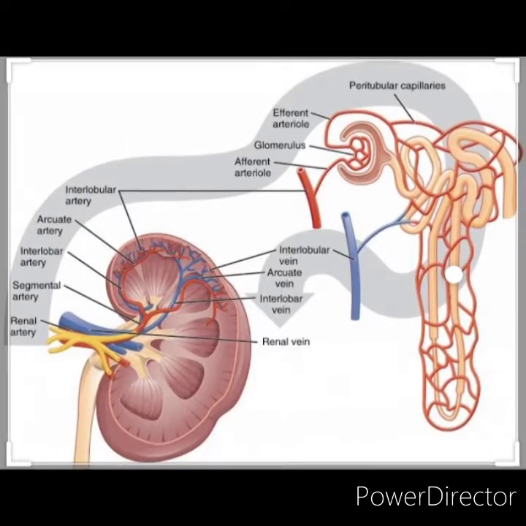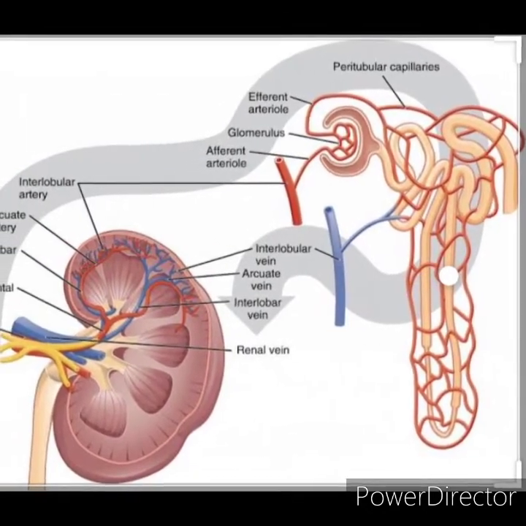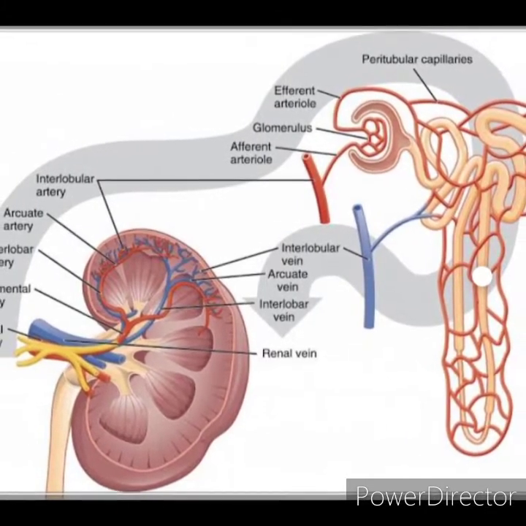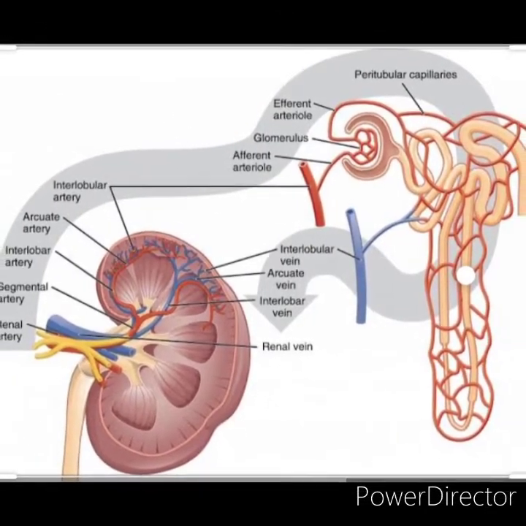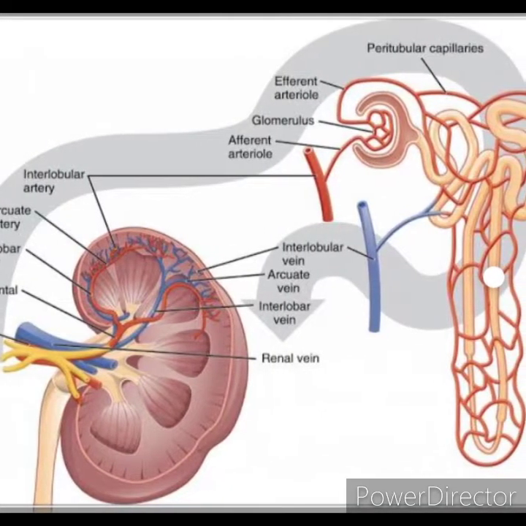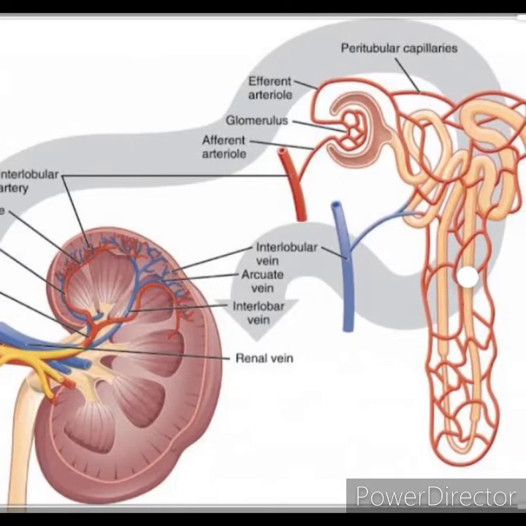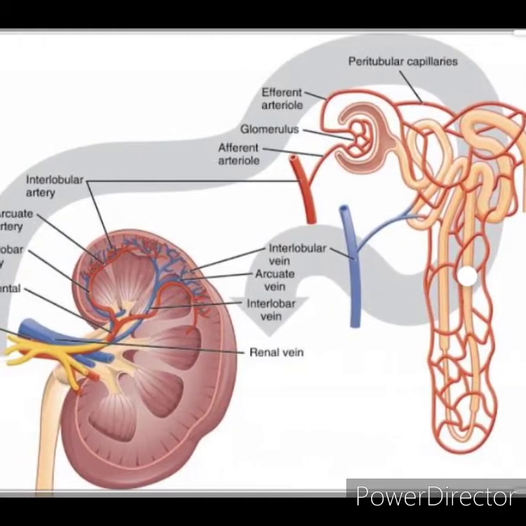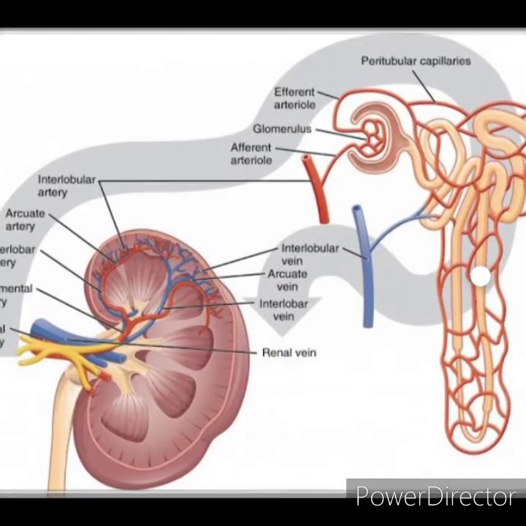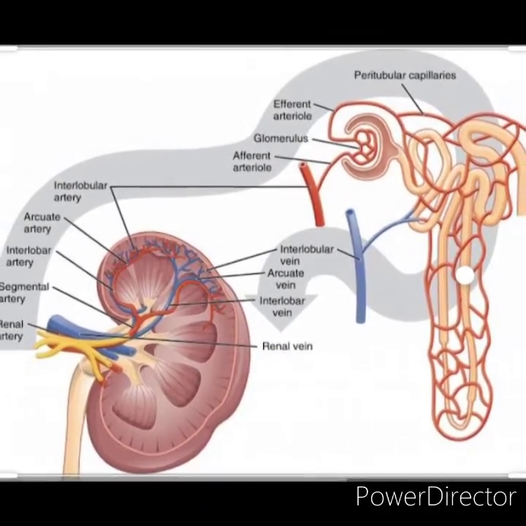The efferent arterioles form a second capillary network surrounding the tubular portion of the nephron. These second set of capillaries are called peritubular capillaries. Thus, the renal circulation forms a portal system by the presence of two sets of capillaries, glomerular capillaries and peritubular capillaries.